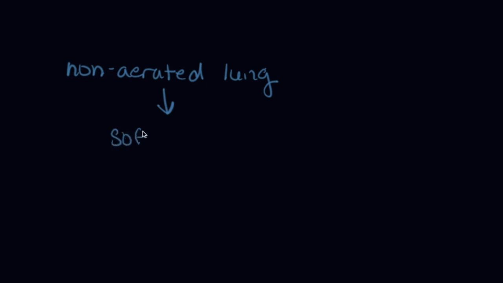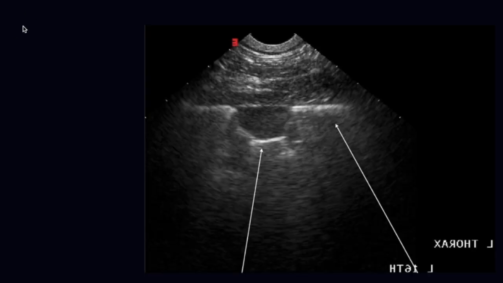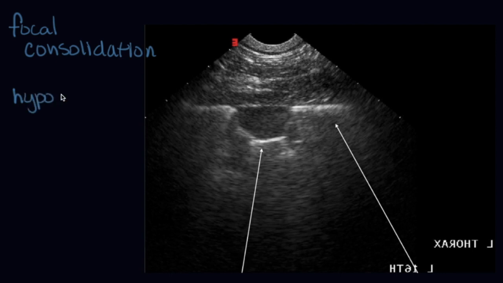Visible lung pathology appears as areas of non-aerated lung. Ultrasound can image through these non-aerated areas because they behave like soft tissue and the pleural surface does not reflect until you get to a normally aerated portion of the lung. Focal consolidation appears as a hypoechoic region on the lung surface, which may or may not have comet tails radiating from it.